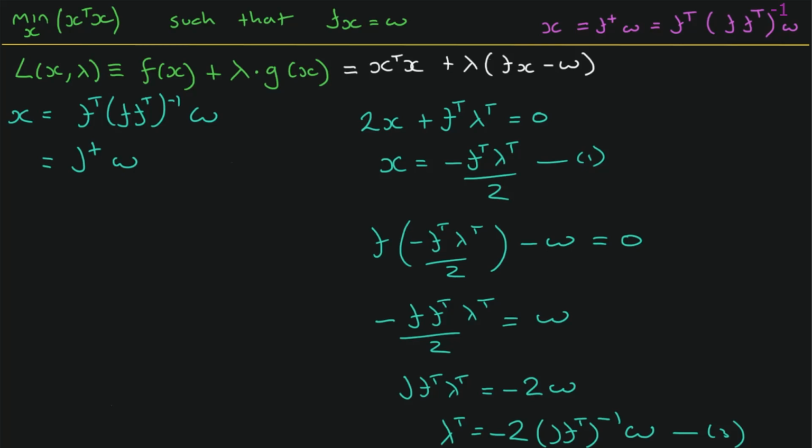Once we have that, we used our first partial derivative with respect to x to rearrange for x. Then we used our second partial derivative with respect to our Lagrange multiplier to solve for that multiplier. And then we substituted that multiplier back into equation 1 to get a form of x with respect to W. And we're done.